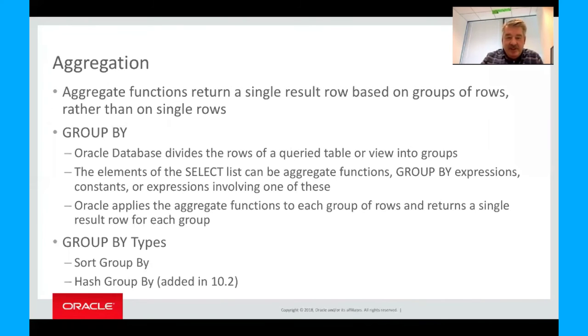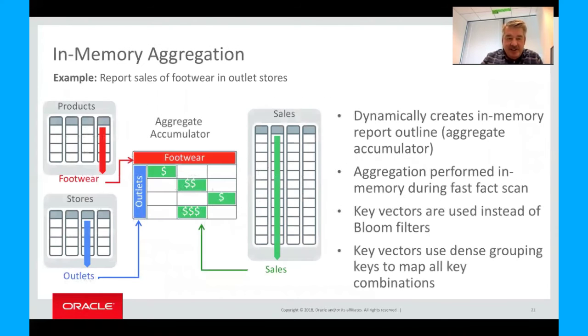So let's go to the next, because I think we did a little diagram. Actually, I think you originally created this, Maria, as I assume you created it. I don't know who actually did it, but it is a nice way of identifying how in-memory aggregation works, in the sense that we have our hash joins, and in this case, think a star query. We have two smaller dimension type tables, products and stores.